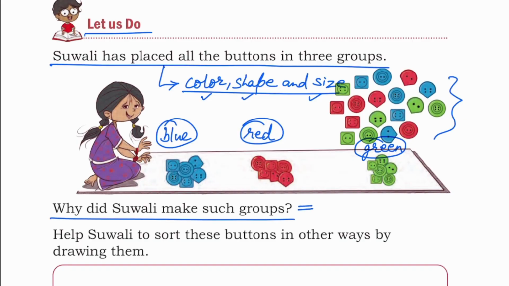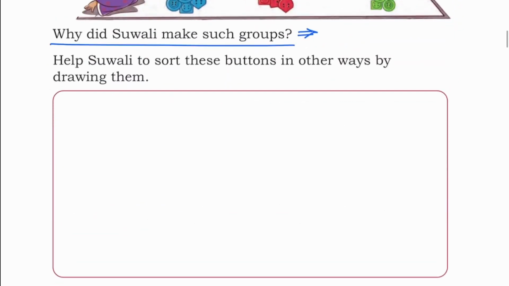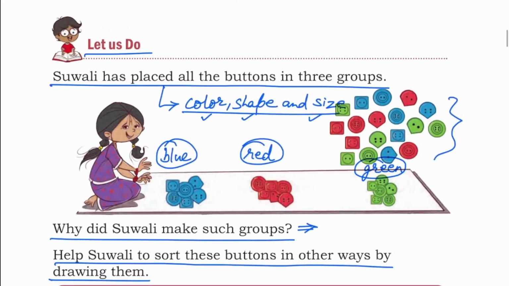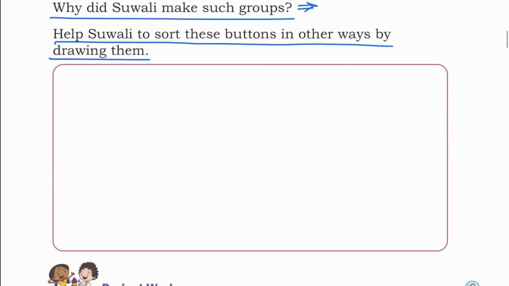You know, grouping objects makes their sorting and usage easier. Help Suali to sort these buttons in other ways by drawing them. You can group them according to their shape, like this.